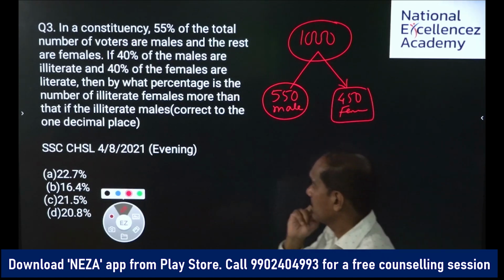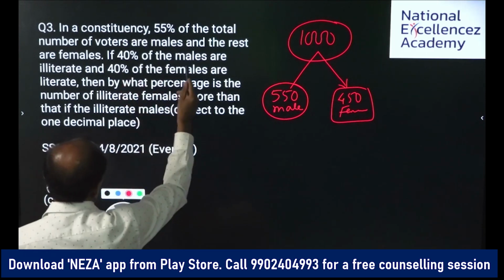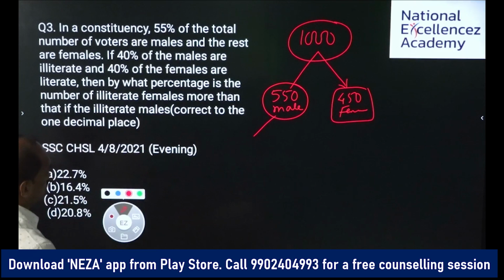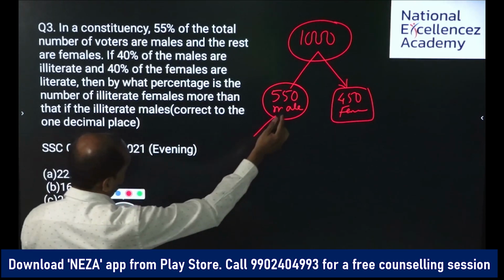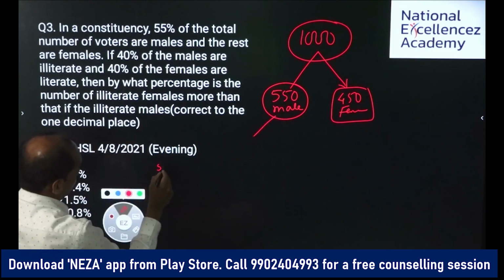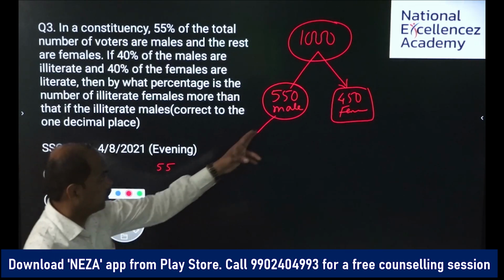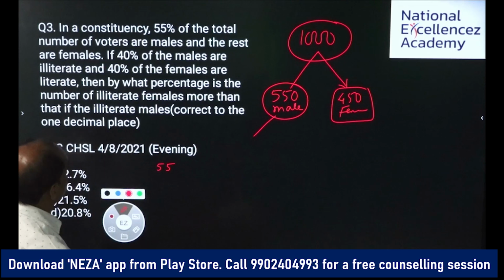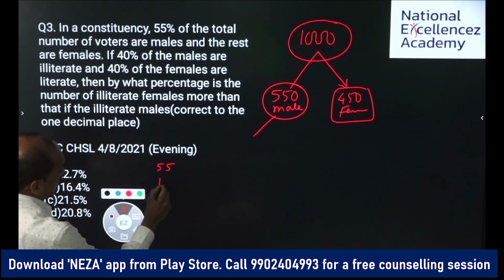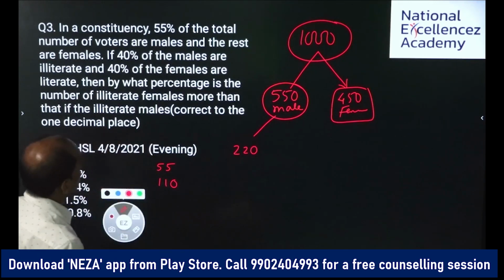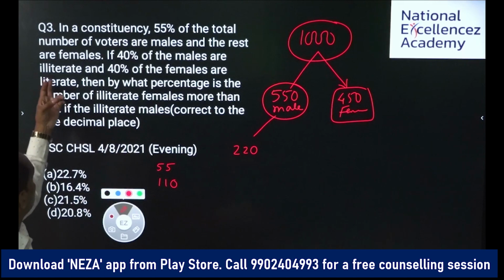Next, if 40% of the males, 40% of this, 10% we know it is 55. Just drop 1 0. 55. This is 10%. 20% double, 110. It's double 40%. That is 220. So 40% of the males are illiterate.